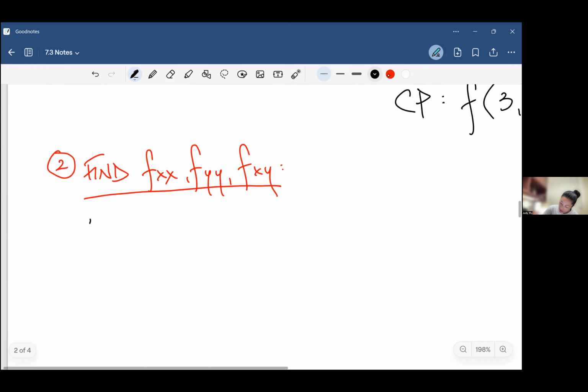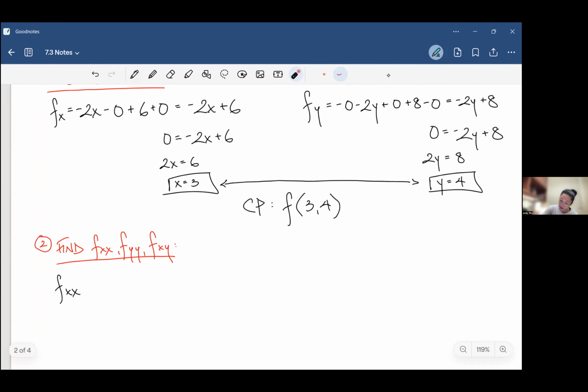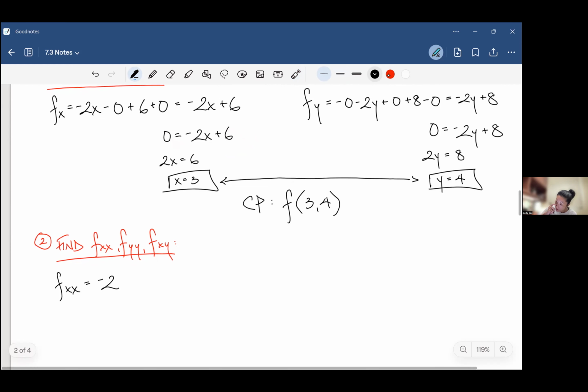All right, fxx means I have to go back to my x equation, my fx equation, which is right here. And then I'm going to take another derivative with x as the variable. So negative 2x plus 6 just becomes negative 2. I can do the same thing with my fyy.